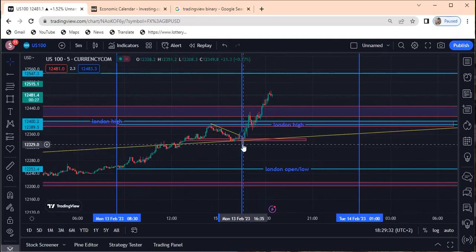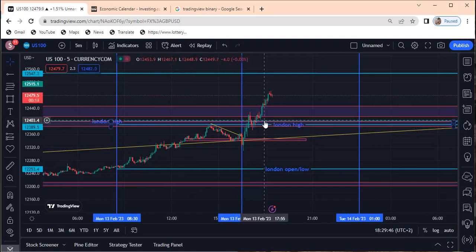Once the New York time came, this was the high, so it was basically a compounded high, if you will. It took out Friday's high, which was left over from last week, and then it just kept going.